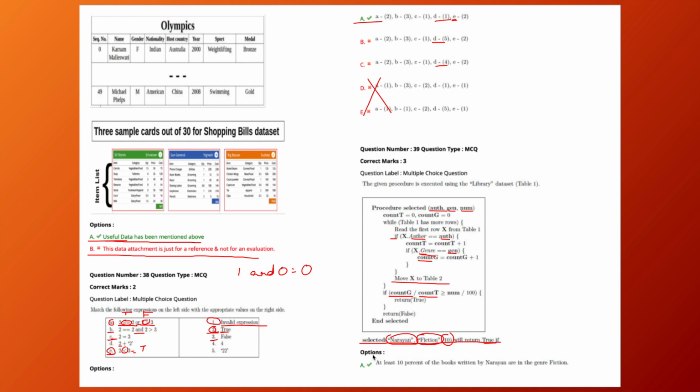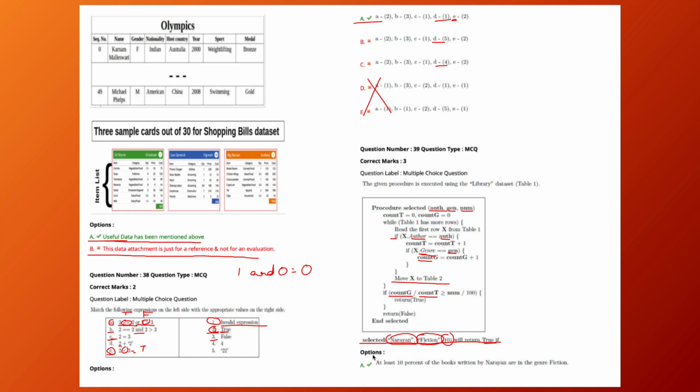What's happening here is we're going to look at all the books written by Narayan, and every time we see a book authored by Narayan, we're going to increment the value of count t by 1, and every time we see a book of the fiction genre written by Narayan, we're going to increment count g by 1. So you see, we're not incrementing count g every time we see any book. We're only going to increment the value of count g every time we see a fiction book written by Narayan. So there you see two conditions.